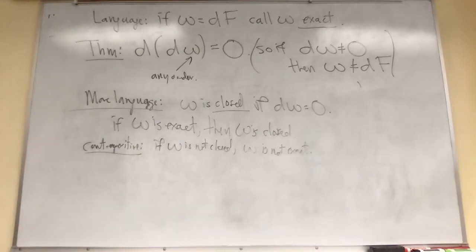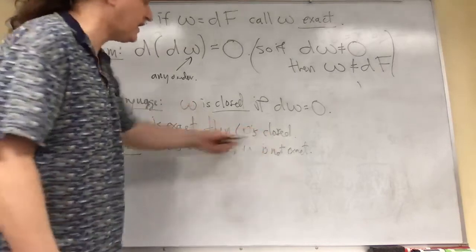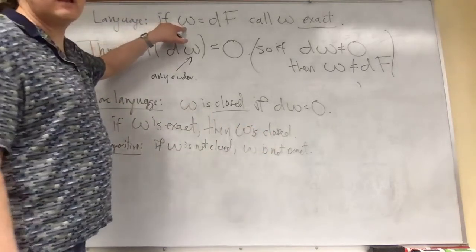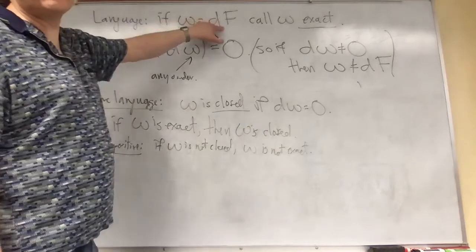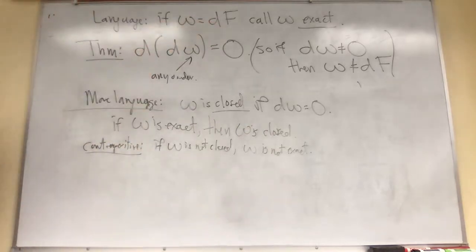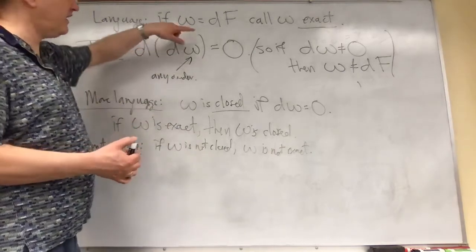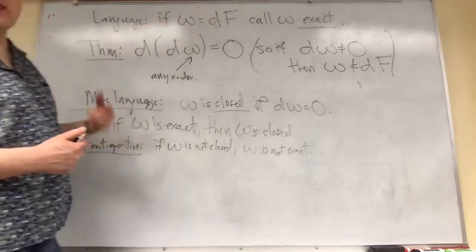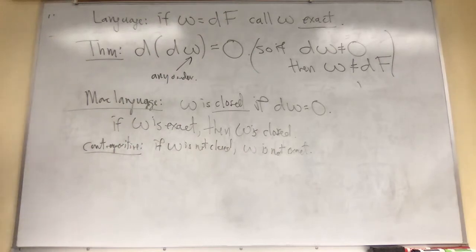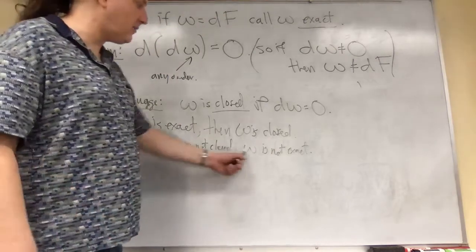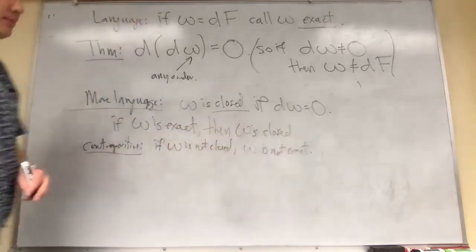And that's important because this gives us another way to show that omega is not the derivative of something. We talked earlier about if it's exact, then the integral is independent of path. Well, this is a way to know that omega is not exact. A pretty easy way.